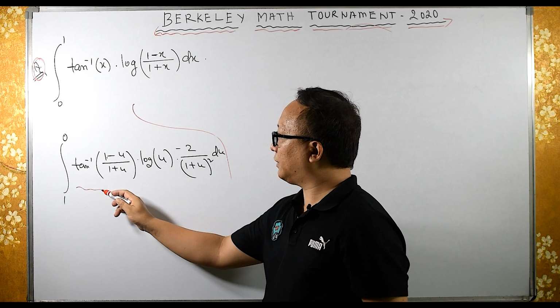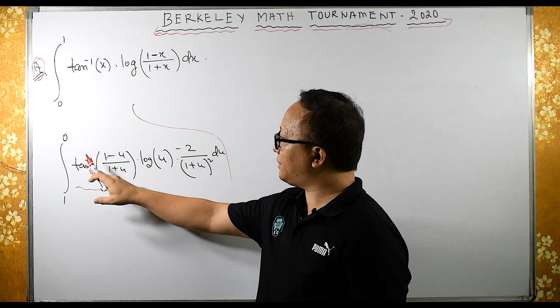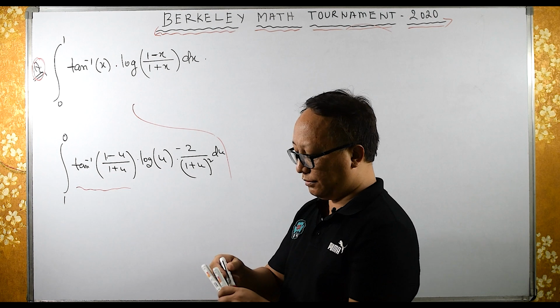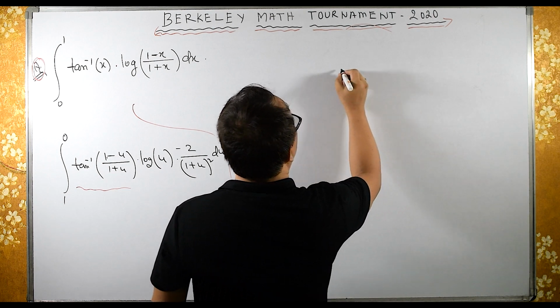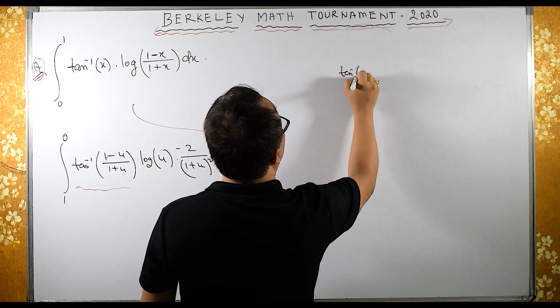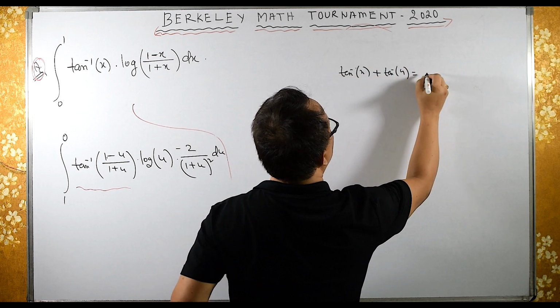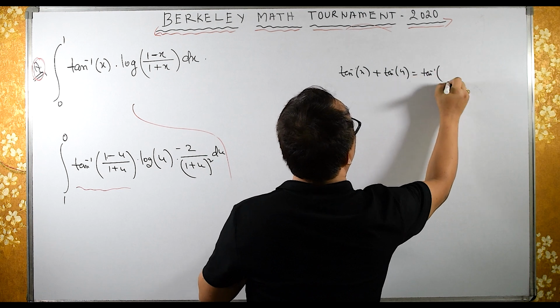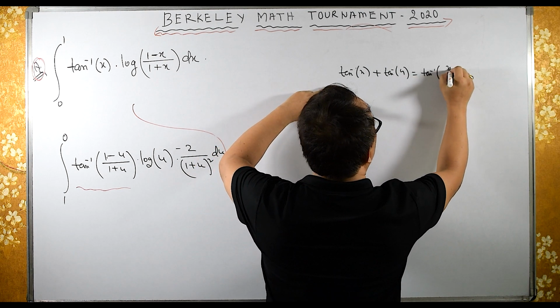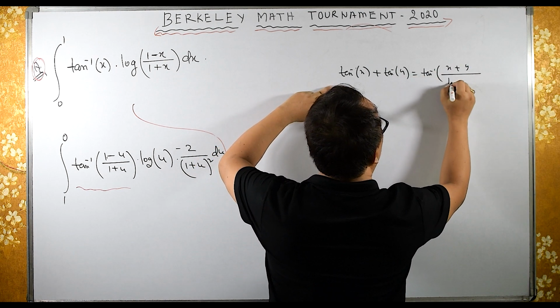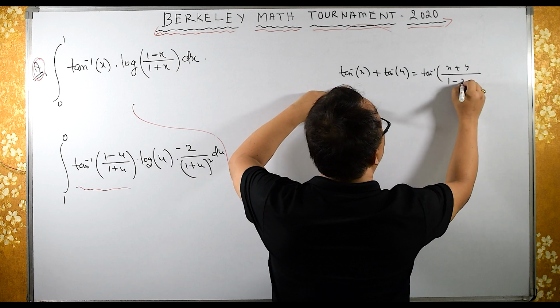Now look at this. Let's see tan inverse of (1 minus u) upon (1 plus u). We have tan inverse x plus tan inverse y equals tan inverse of (x plus y) upon (1 minus xy).